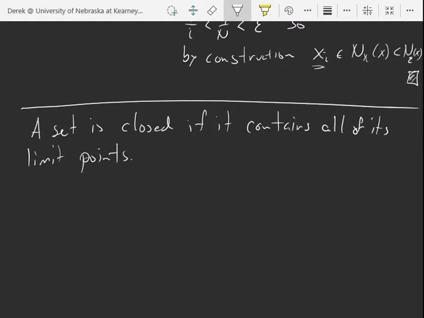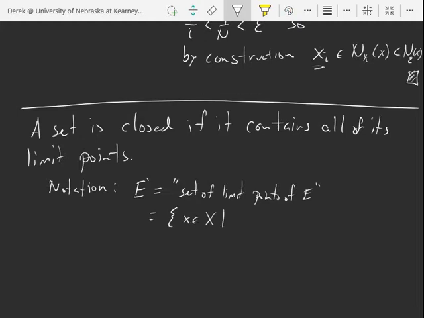Well, let's get some notation. We'll say E prime is the set of limit points of E. It's the set of x in X such that x is a limit point of E.